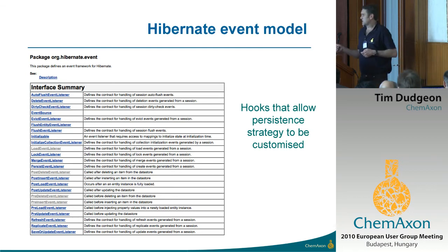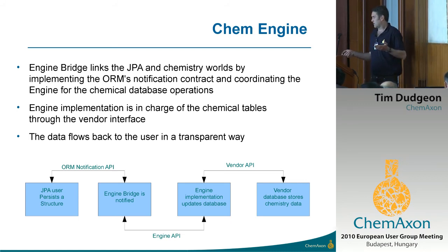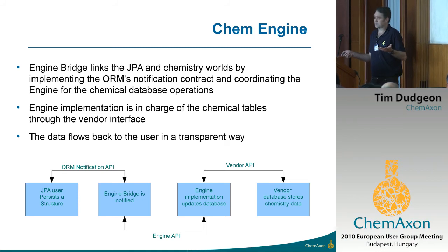And so what we used is actually these hooks to basically hijack the process so that we could intercept it and then use the JChem Base API to do the operations. So this is basically how it works. We start with the user requesting something like persisting a structure. And that notifies the bridge through this listener interface.